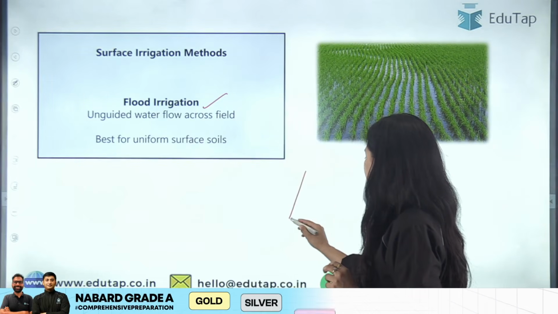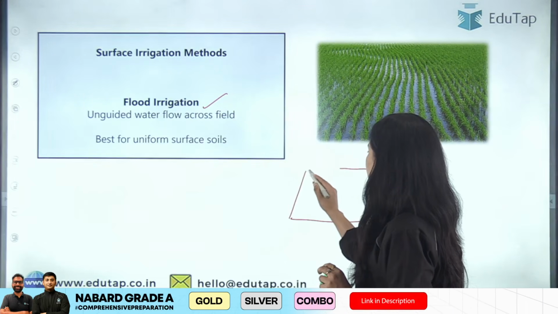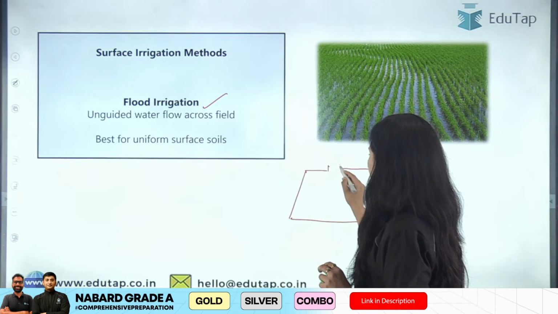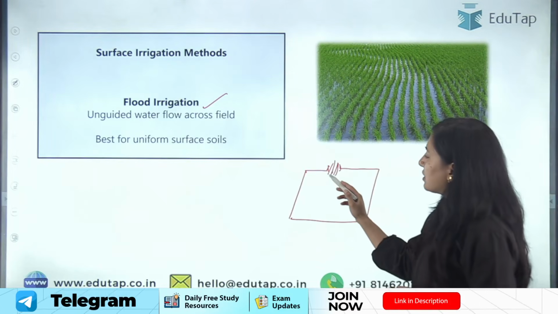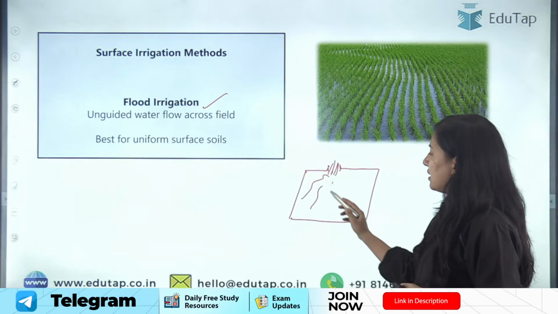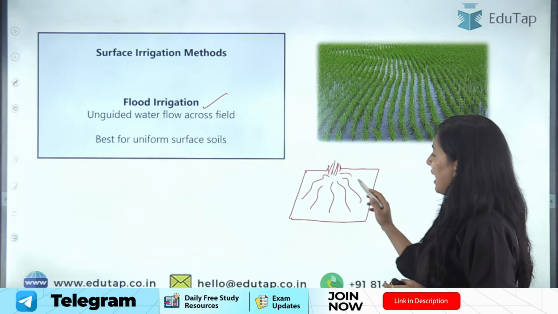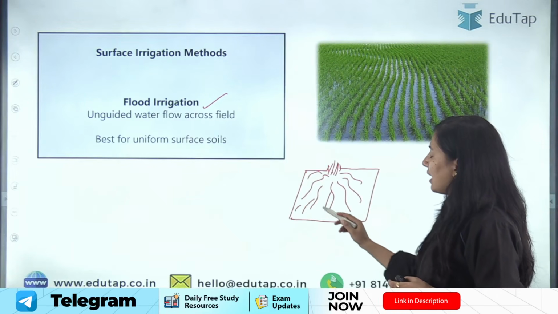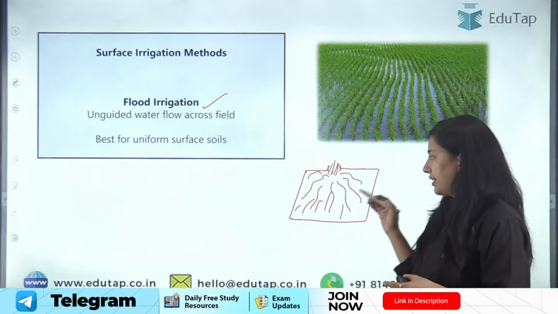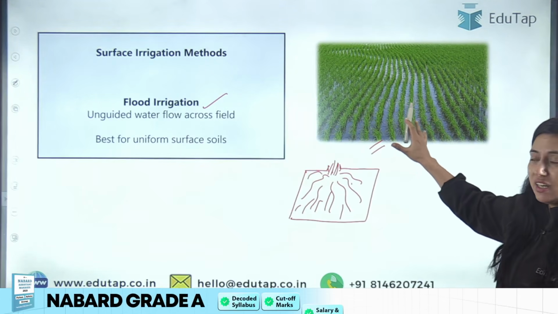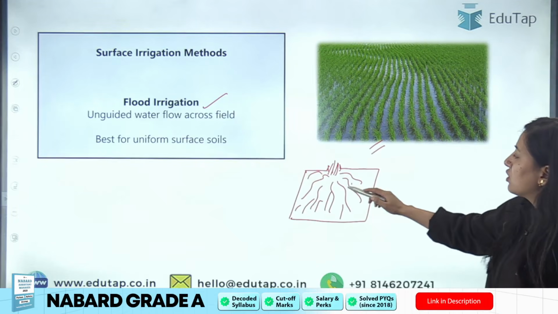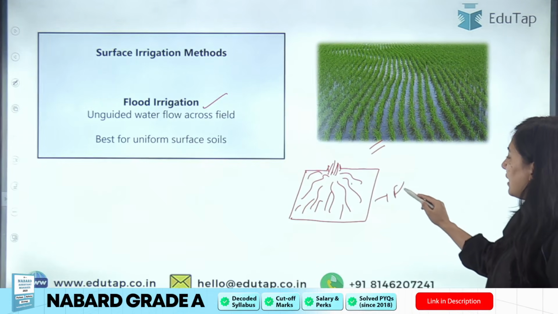Say this is our field, and this is the inlet point from which the water is entering the field. So now this water can move any way in the field, and we create a flood-like condition here, as you can see in the picture also. Flood-like condition is created in this case. So this is known as flood irrigation system.